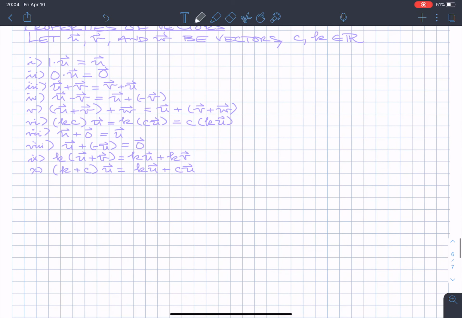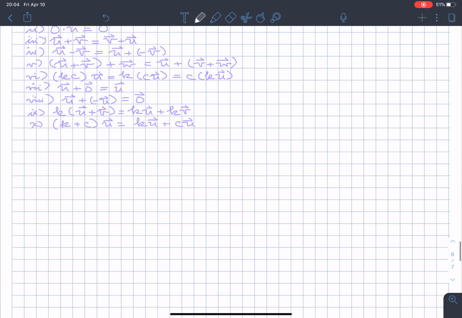So let's prove the following vector properties.